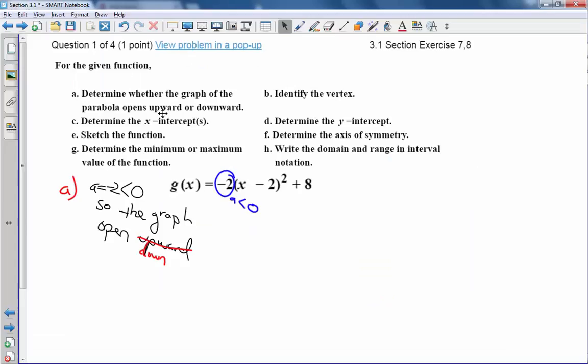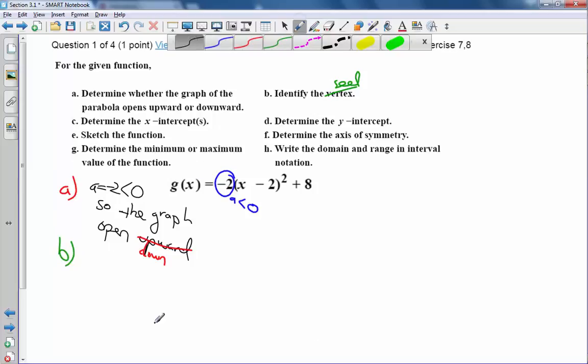Second part, we are going after the seed. Where is the seed, so I can plant it and branch up or down in this case? That's a little bit tricky. Raise your hand if you know it. Identify the vertex. That means coordinates.